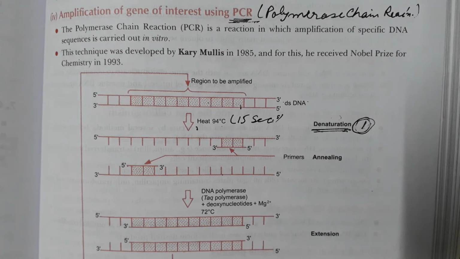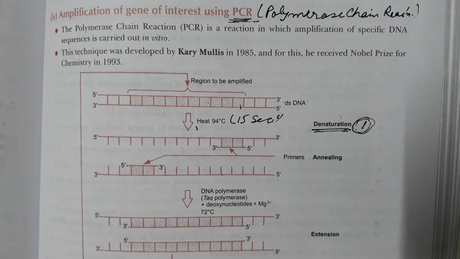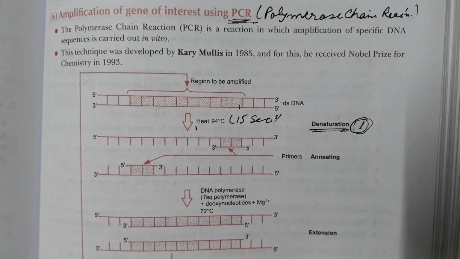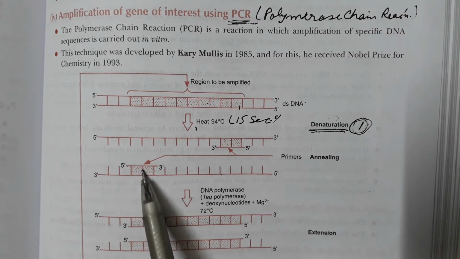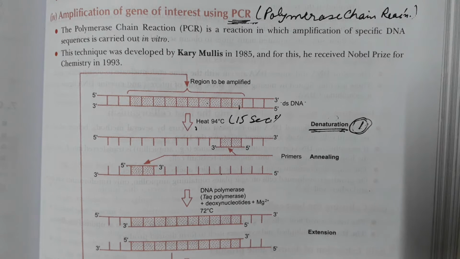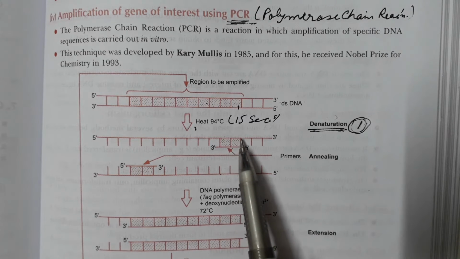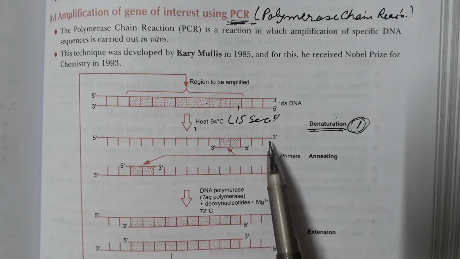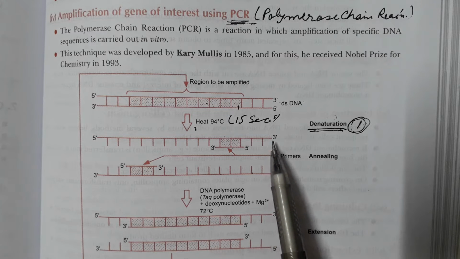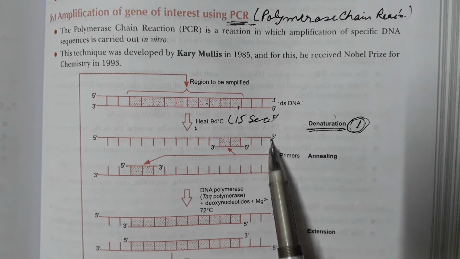Second step is annealing. What is annealing? In the process of annealing, two sets of primers are added, which anneal to the 3' end of each separated strand. These primers are attached on the DNA template at the 3' end.